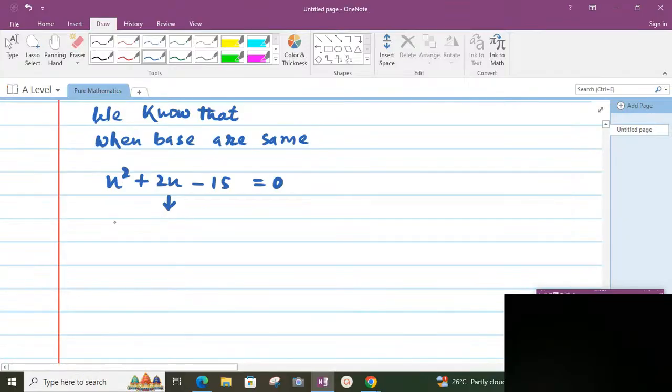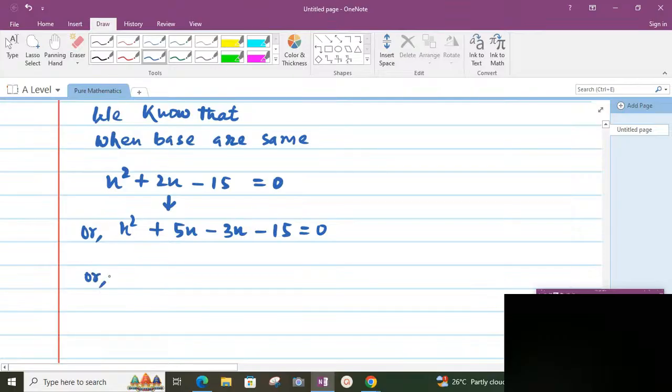So we write down the next step here will be x square plus 5x minus 3x minus 15 equal to 0. Hope there is no problem to understand up to this step.